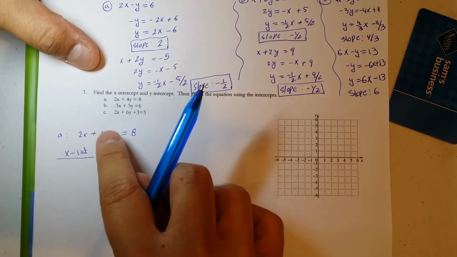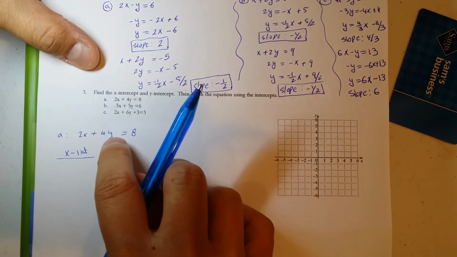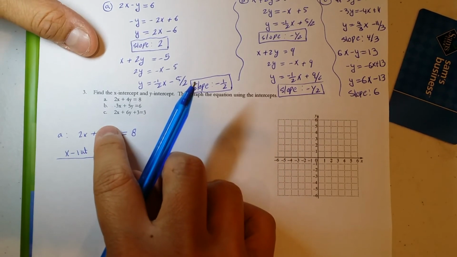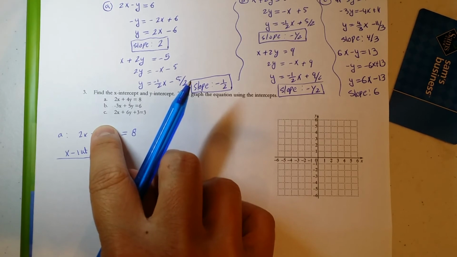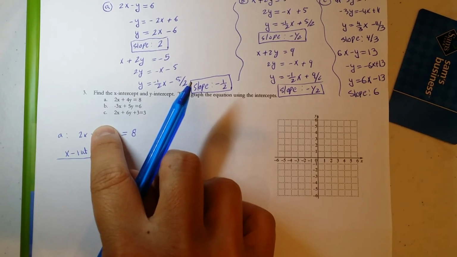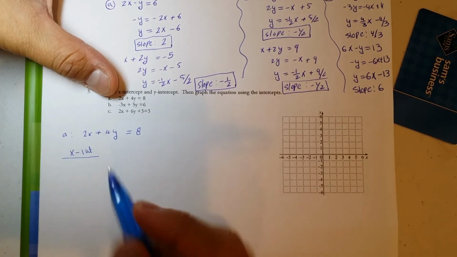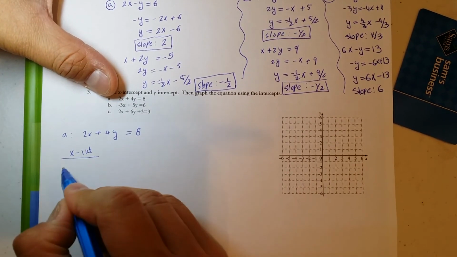Well, when we cover up the y, that's the same as letting y equal 0. You see? So if you cover that up, you have 2x equals 8. What should x be? x should be 4. That's how you find the x-intercept. So to find the x-intercept, you cover up the y.